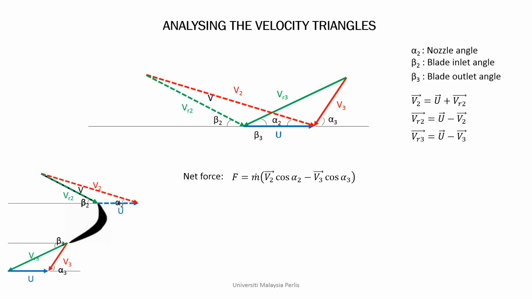This is the whirl velocity VU2, and this is the whirl velocity VU3. If you look in the velocity triangle, VU3 is actually in the negative direction. So we can rewrite this equation to be like this.